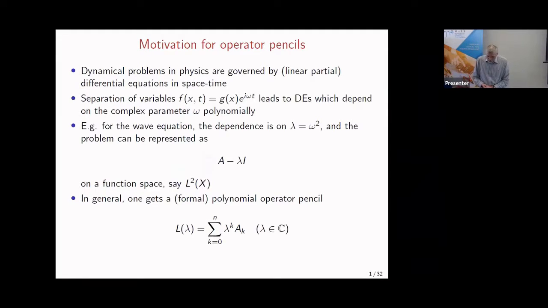So what is the main idea? The main idea here is that if you look at dynamical problems in physics, then they are often governed by linear partial differential equations in space-time.